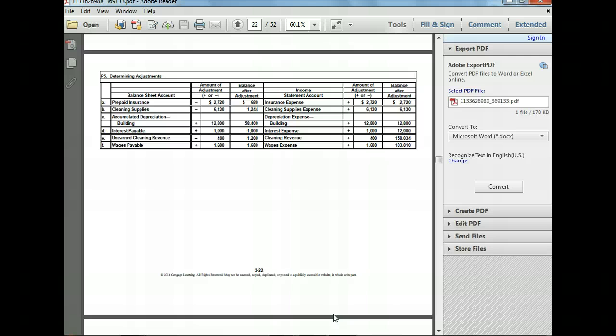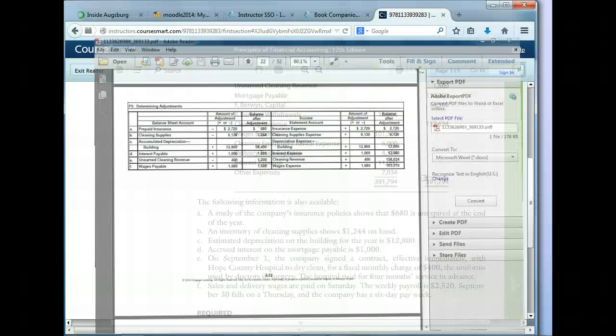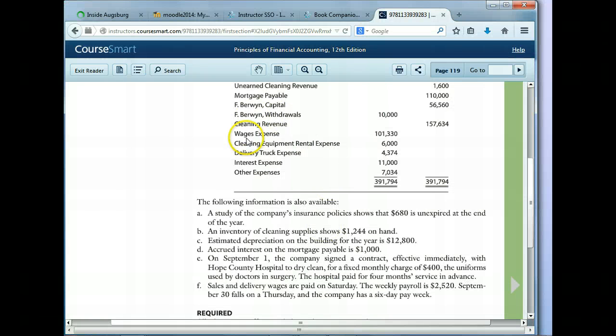If we take that amount and divide it by 6 and then multiply it times our 4 days, we will have an increase, or a credit, to our wages payable of $1,680, with a new balance of $1,680, and then we'll have a debit to wages expense for $1,680. Now we show here that wages expense has a debit balance on the trial balance of $101,330.